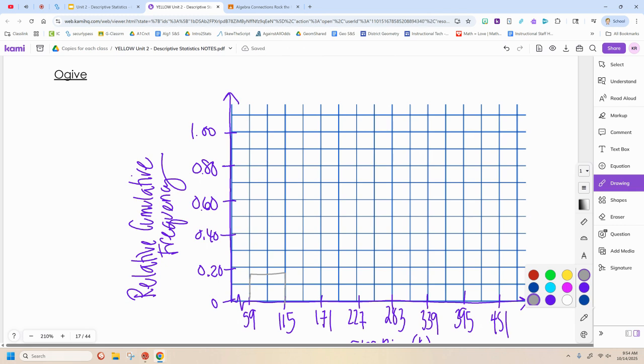And then we had 43, like that, 63, 80, 87, 90, and then 100%.